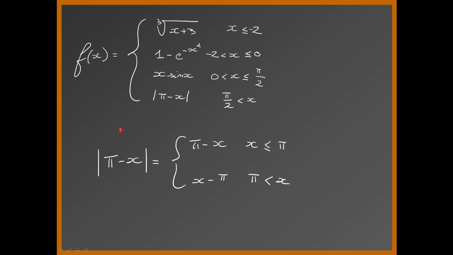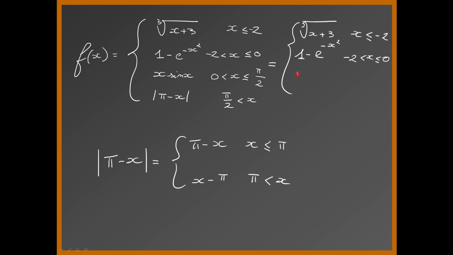By combining these two expressions, we obtain that the function f of x is equal to the cube root of x plus 3 when x is less or equal to minus 2. It is equal to 1 minus e to the minus x squared when x is between minus 2 and 0.